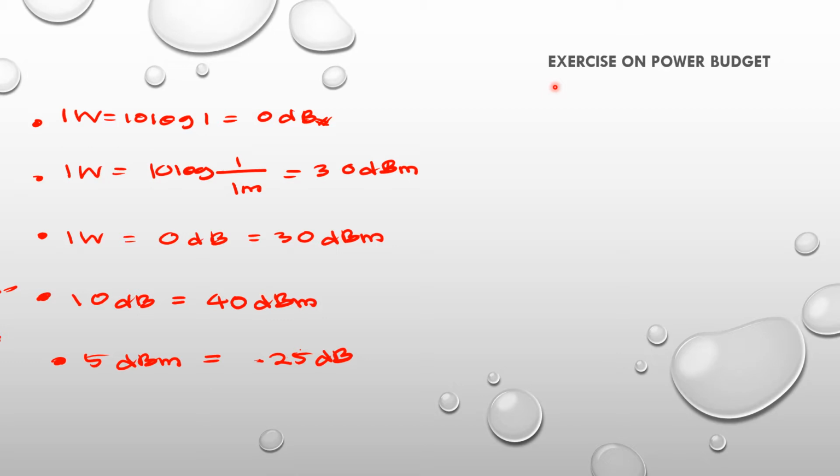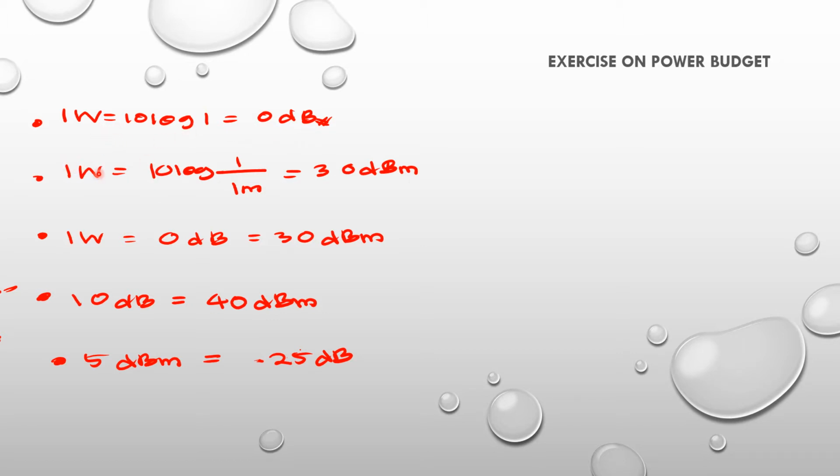Before we proceed with the exercise, I would like to refresh on how to do the conversion of watt to dB to dBm. Basically, if you want to convert from watt to dB, you need to take the log of the value. So 1 watt equals 10 log 1, and you will get 0 dB.